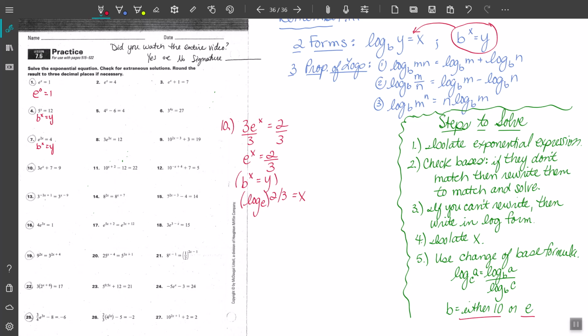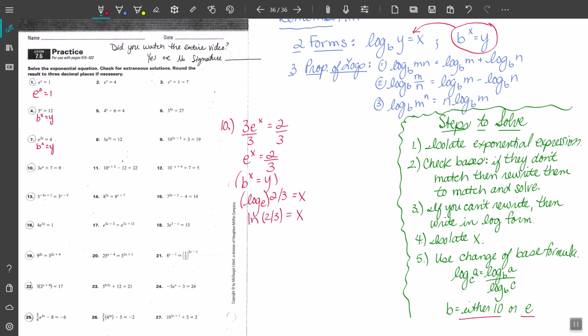So once again here, I've got log base e. So in order to put this into the calculator, anytime I have a logarithm that has the base of e, we're going to use the ln key. This is the natural logarithm. So when we go to the calculator, we'll hit ln 2/3 equals x.